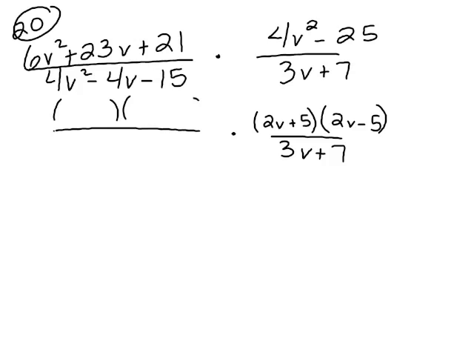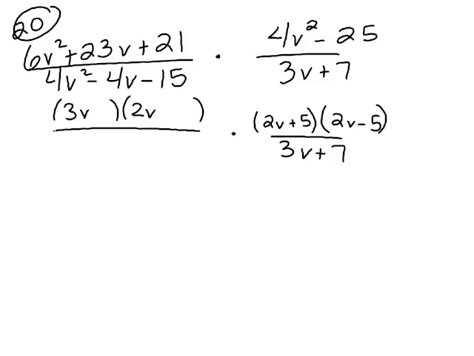Go back over here. Factors of 6 are 1 and 6 and 2 and 3. So let's try the 2 and the 3 combinations. 3v plus 7 is what I want to be able to cancel. Is there a way that I can make that work here? The factors of 21, 3 and 7.